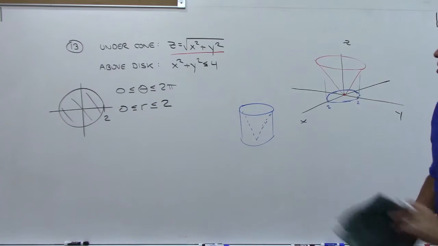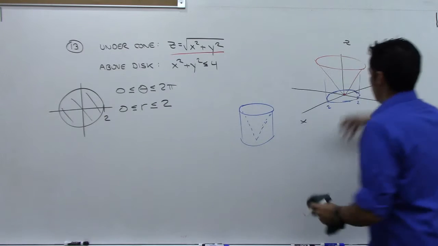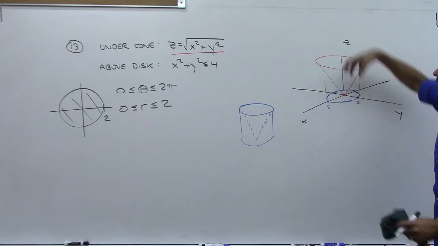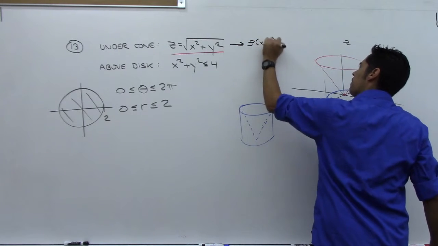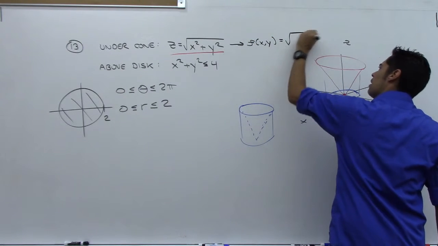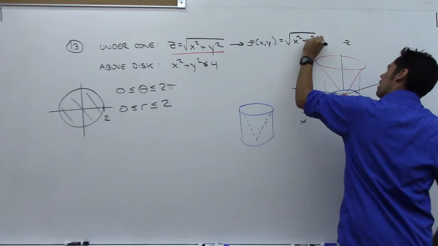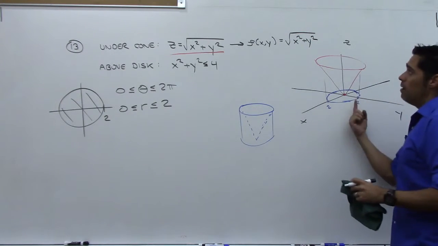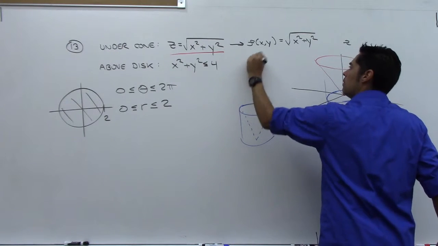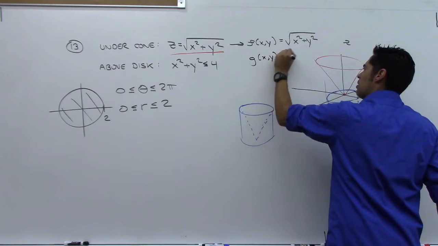So I'm going to switch this over now. Also, the top function, right? The top function is this. So I could say that the top function is that one. And the bottom function, the bottom of this solid, is always going to be the ground. So my bottom function is just the 0 function.